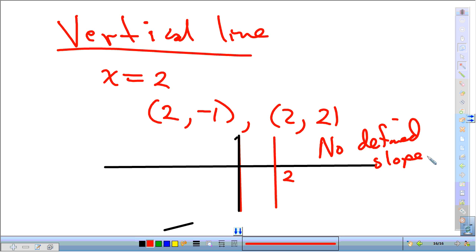But now I can't assign a slope to this vertical line, because I have no run, so I can't divide. You might say at this time that the slope is undefined, or no defined slope, or no slope. We'll revisit that a little later, but as a real number we can't assign a slope to such lines.